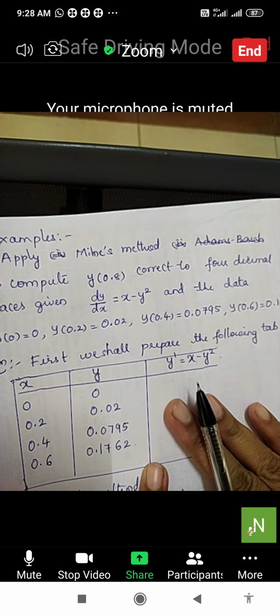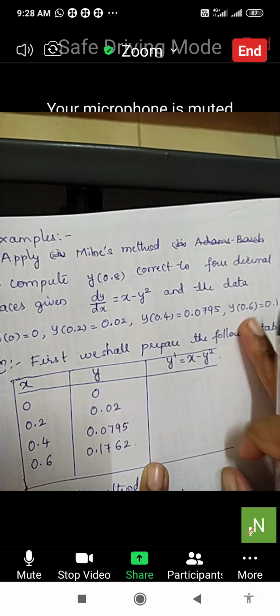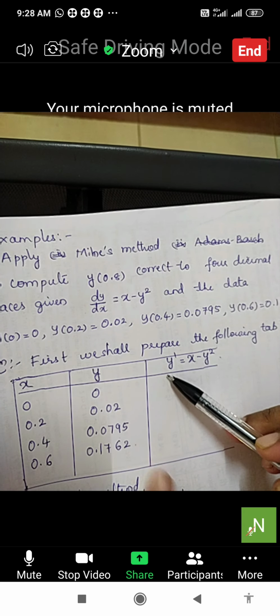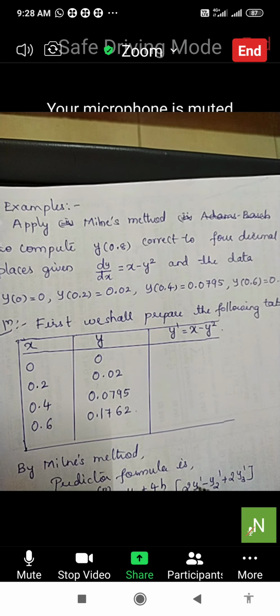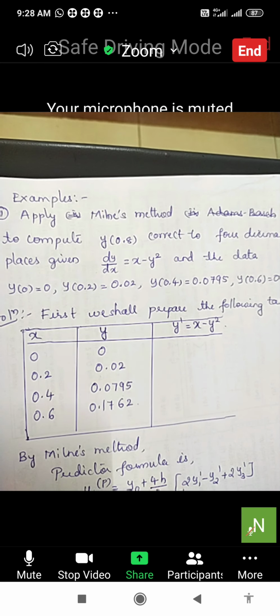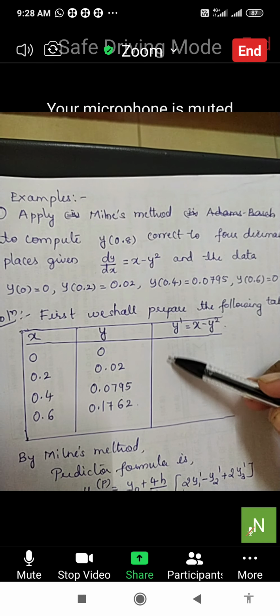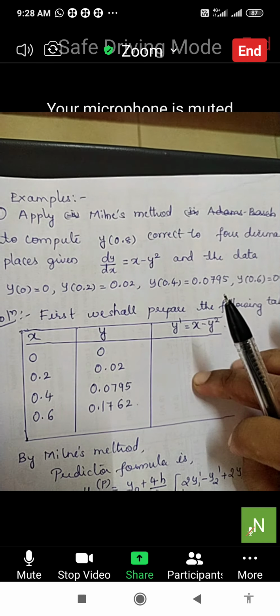Why do we have to prepare this table, since this is already given? Because we want the value of y dash. If you see in the formula, you have y1 dash, y2 dash, y3 dash. That's why we have to prepare the table. So this last column is important; the rest is all given.